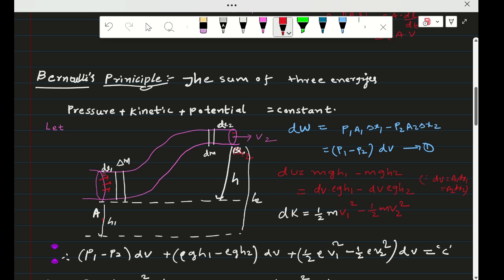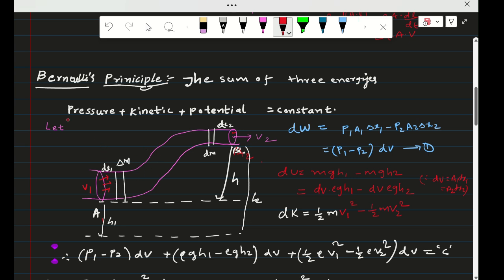So here consider an incompressible flow, steady or unsteady. For both steady flow and unsteady flow, we can apply Bernoulli's principle, not a problem. Here the speed is V1, entering with V1 velocity and leaving with V2 velocity. Here the cross section is A2, here the cross section is A1. Remember, one is capital A and another is small a, or A1 and A2.